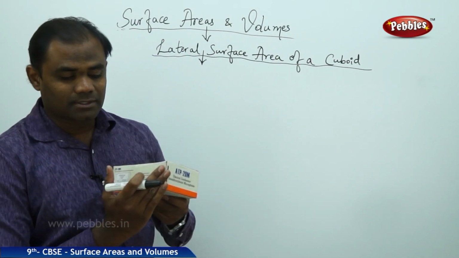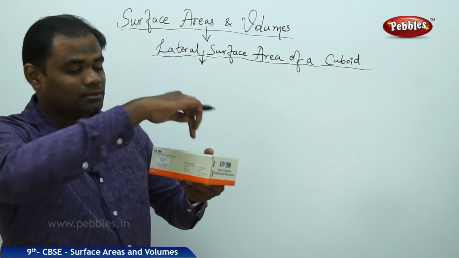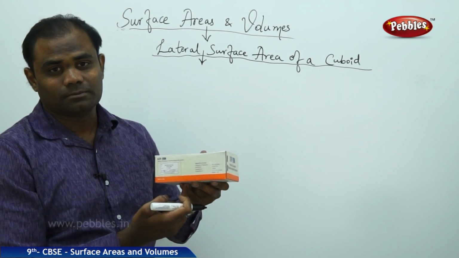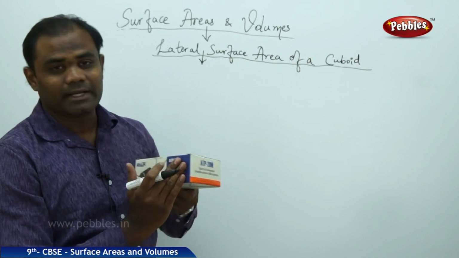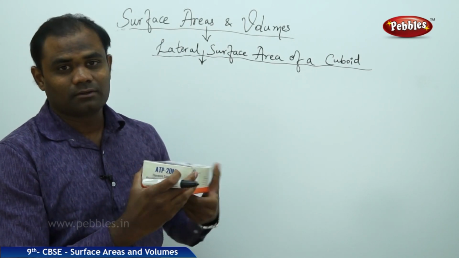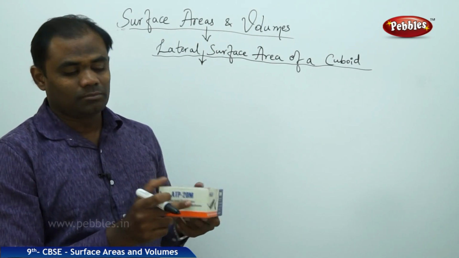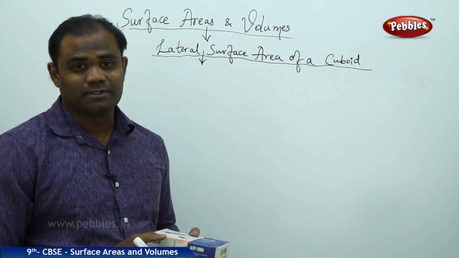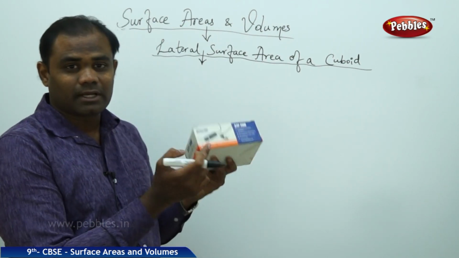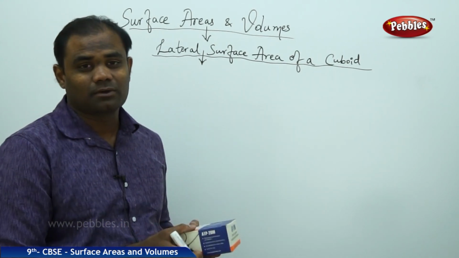So the lateral surface area does not include the areas on the top and the bottom. It includes only the surface area on the sides. So face 1 plus face 2 plus face 3 plus face 4 make the lateral surface area. This and this does not come into account.